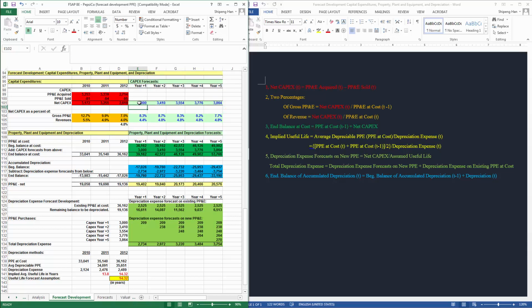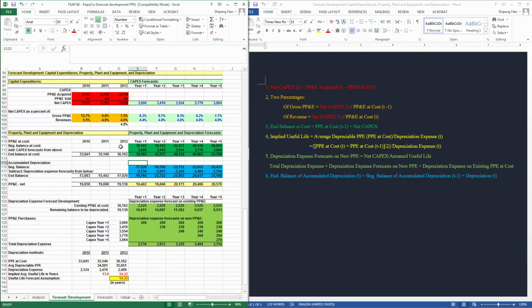right? So the next step is what's the ending balance of PPE at cost for the next 5 years. So this is easy. Take a look at the green formula number 3. The ending balance at cost equals what? The beginning balance, right? The PPE at cost of prior year plus net capital expenditures. And we already have the projected net capital expenditures, so we just use it in this spreadsheet.